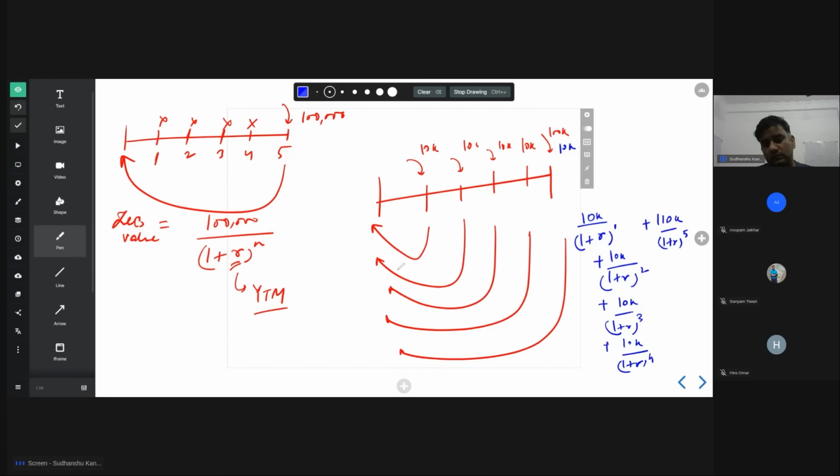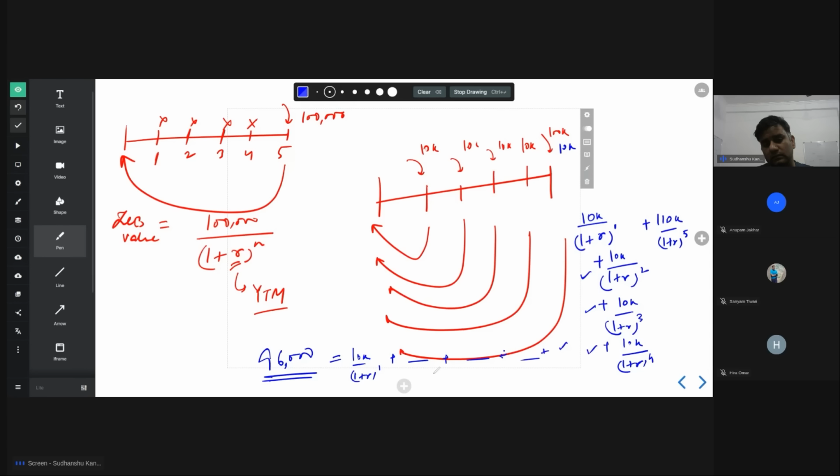And if somebody tells you that the present value is whatever, say the present value of the 100K bond is given to you as 96,000, then you will say 96,000 is equal to 10K over 1 plus R raised to power 1, plus this one, plus this one, plus this one, plus this one.